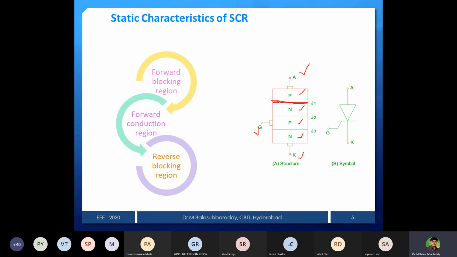This one is the J1 junction, then J2 junction, then J3 junction. So these are the 3 junctions: J1, J2, J3. A 3 junction and 3 terminal semiconductor device. And in general representation, the symbol will be like this. This one is the structure and this one will be the symbol: anode, cathode and gate.